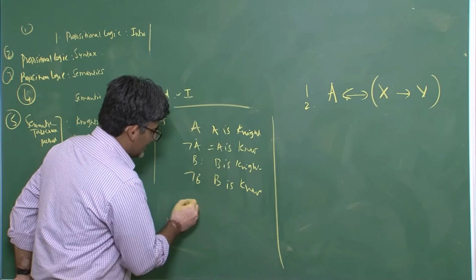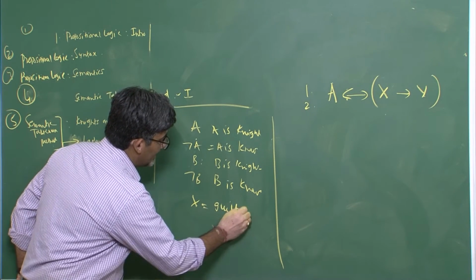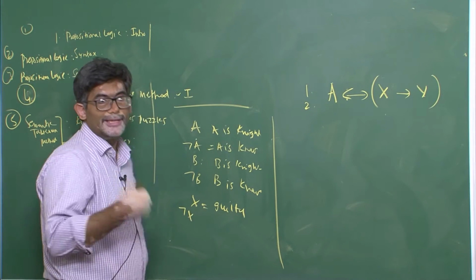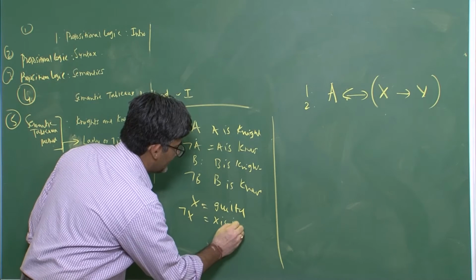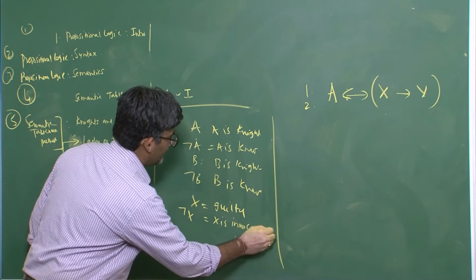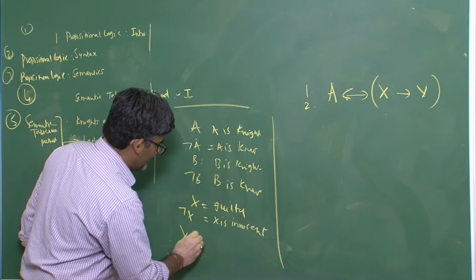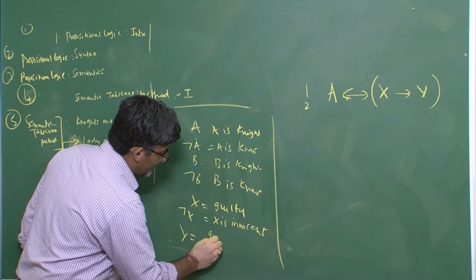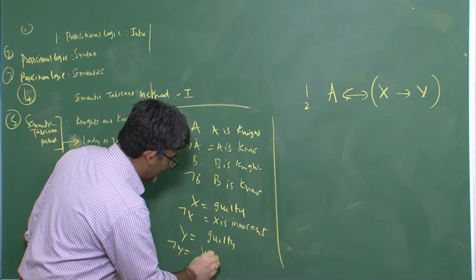If you write X for X is guilty, then obviously the negation of that, not X, means X is innocent. In the same way, Y means Y is guilty, and not Y means Y is innocent.